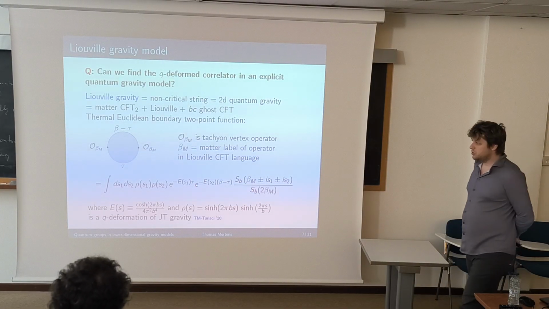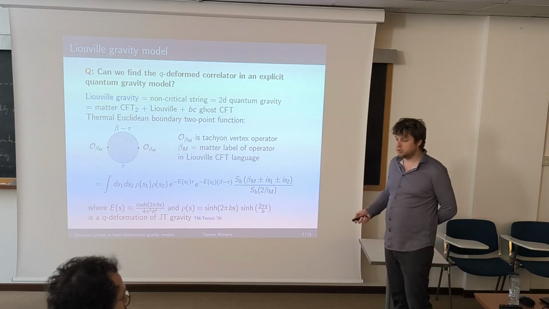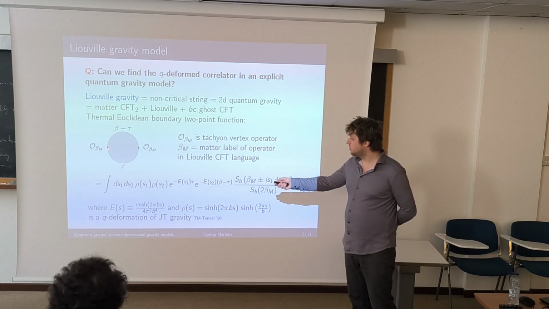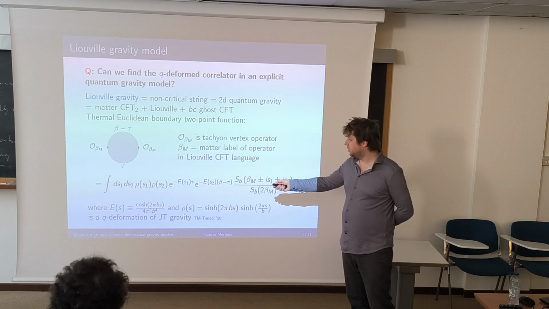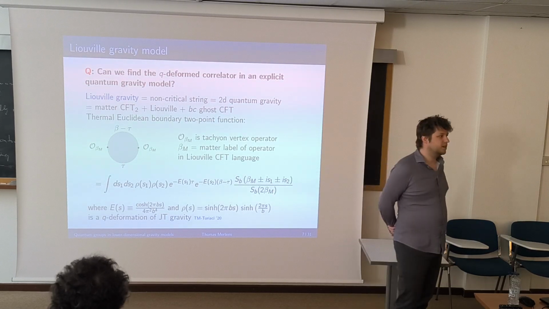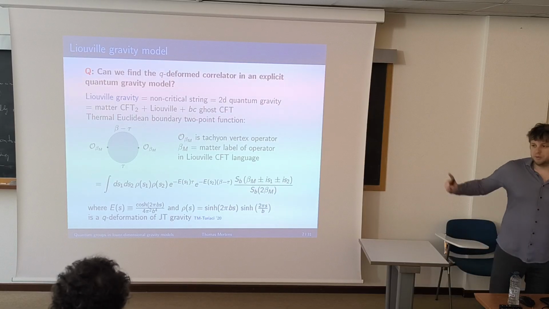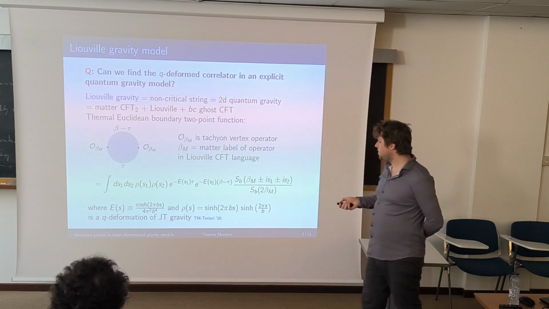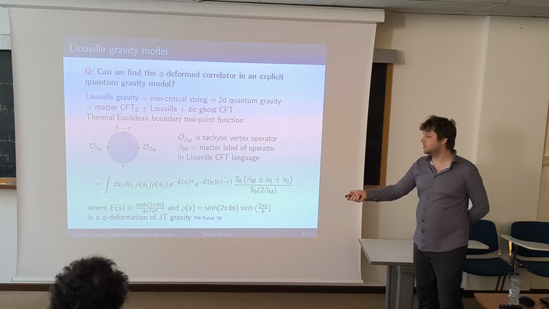Now you can compute this disk amplitude exactly in Liouville gravity, and I'm going to call the Euclidean time separation, or the length of this segment, τ, and then the complement is β minus τ, so the total circumference would be β, the inverse temperature. And then the answer can be written exactly like this.